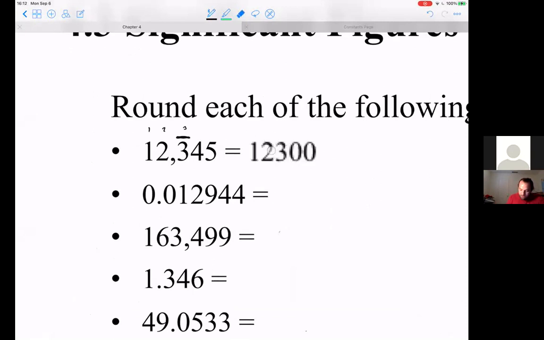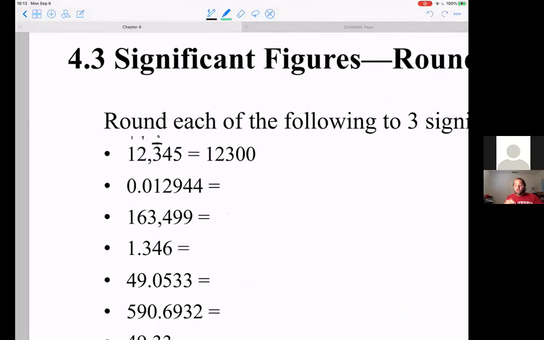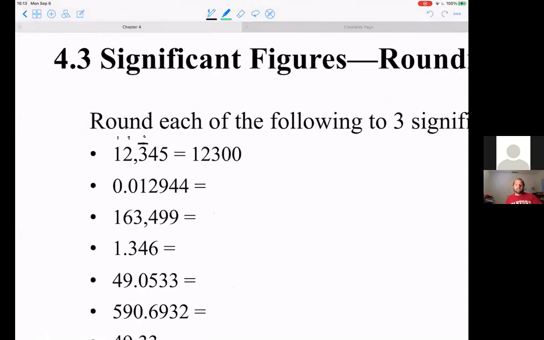In this case, I would get 12,300. Importantly, if I applied my rules of counting sig figs, this number would indeed have 3 sig figs, because I wouldn't count those trailing zeros. The whole idea is that after you round, the number you arrive at has 3 sig figs.